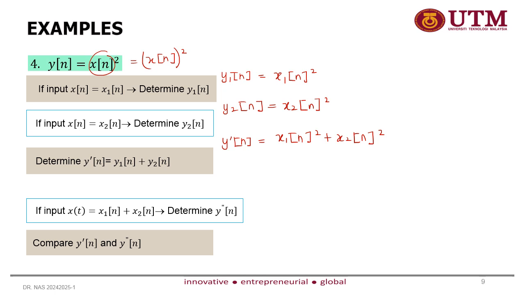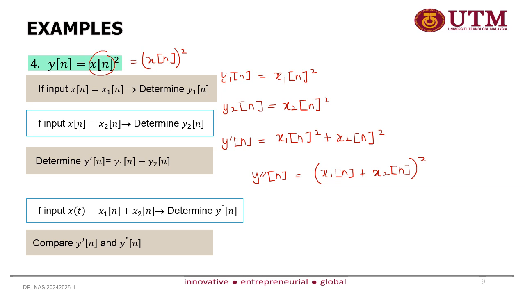Next, determine y double prime [n]. In this case, x1 plus x2. So y double prime [n] equals x1[n] plus x2[n], this is your x[n], and then being squared.